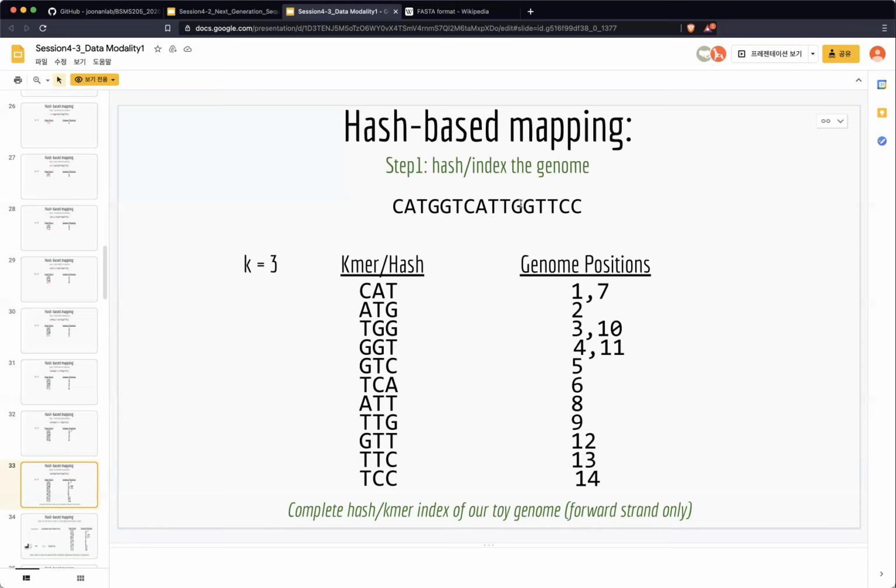So you make a much more efficient way to recapitulate all of this DNA sequence information into a dictionary format. In that case, we use hash-based mapping, right?